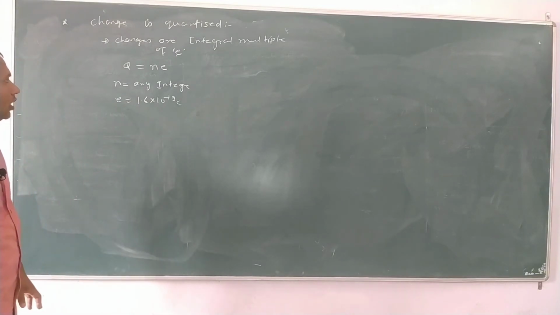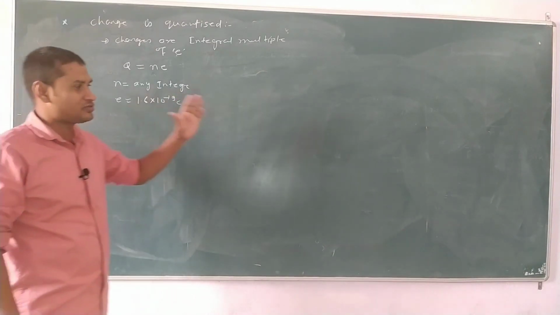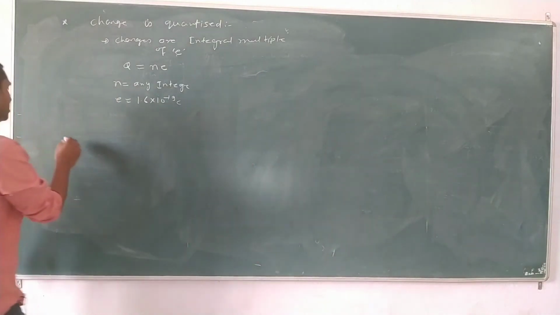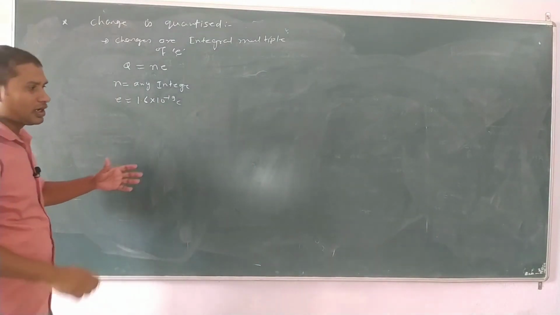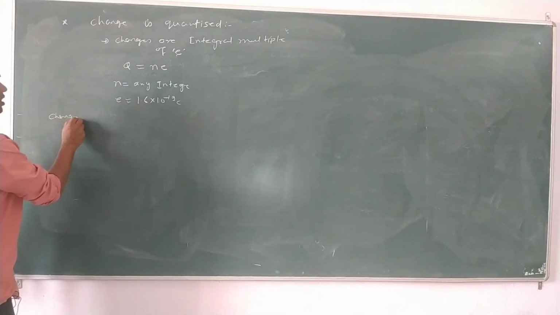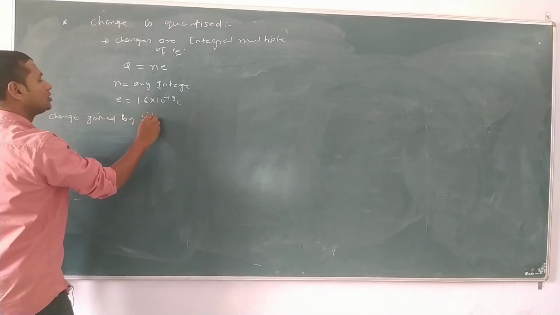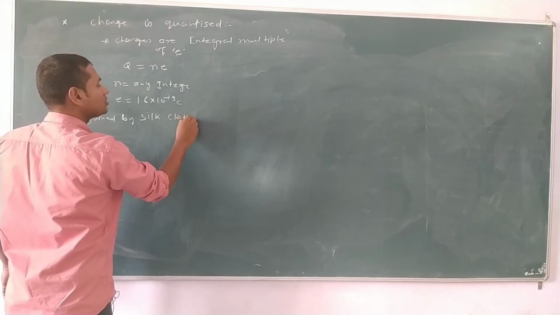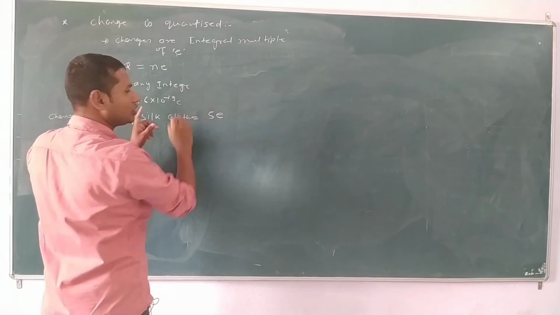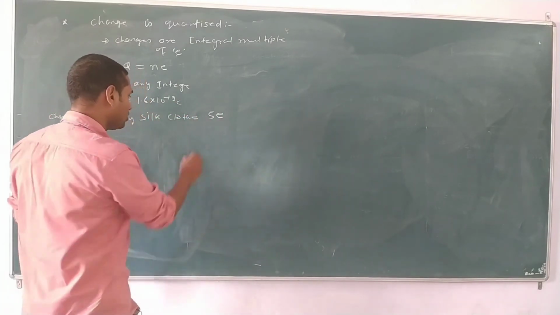Suppose 5 electrons are transferred from the glass rod to the silk cloth. How much charge is gained by the silk cloth? You can write 5 × e, because 5 electrons are transferred to the silk cloth.